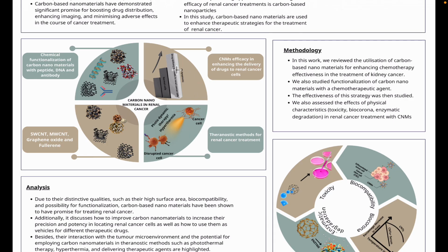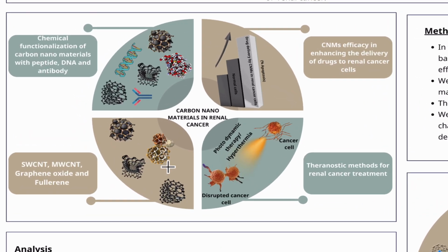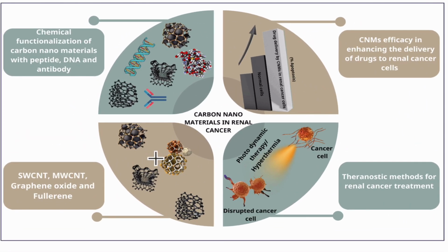This diagram is divided into 4 parts. This part is showing examples of different types of carbon nanomaterials like single-wall carbon nanomaterials, multi-wall carbon nanomaterials, graphene oxides, and fullerenes. Again, this part is showing chemical functionalization of carbon nanomaterials with peptide, DNA, and antibody.